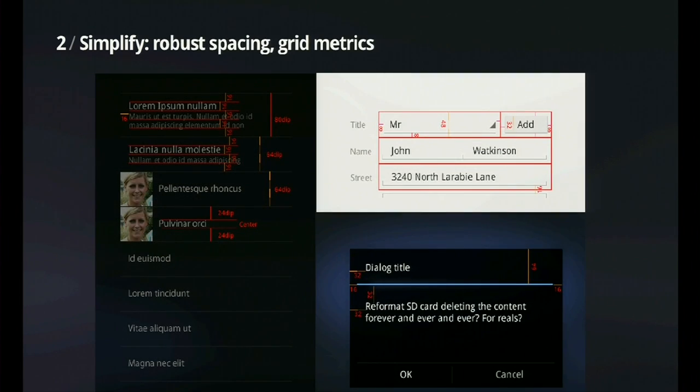Now, as we started to remove some of the structural boxes that surrounded things, we realized that the spacing and the grid and the metrics became more important than ever. The design of the Holo theme is based on a 16-dip baseline grid, which graphic designers and typographers like to nerd out on, but it really does make a big difference in creating a screen that's ordered and that has strong hierarchies and is easy to understand.